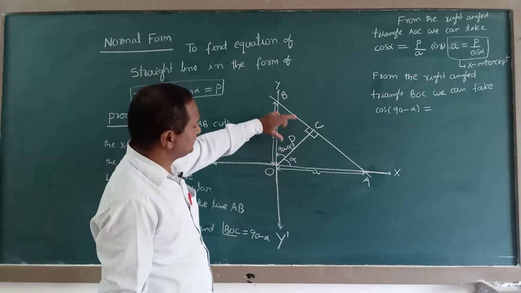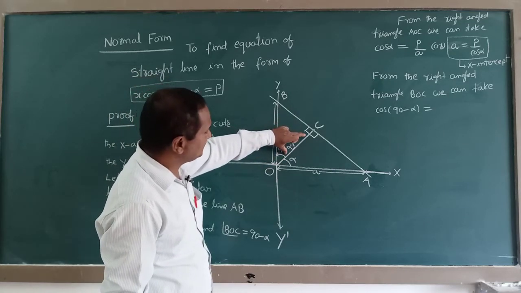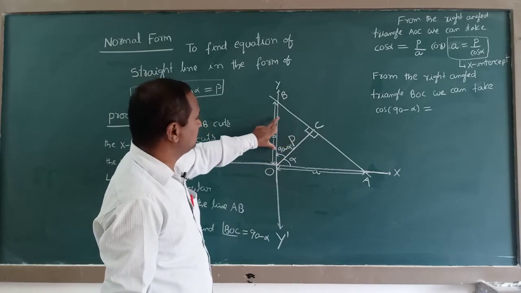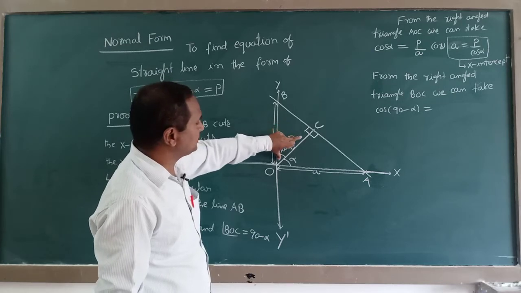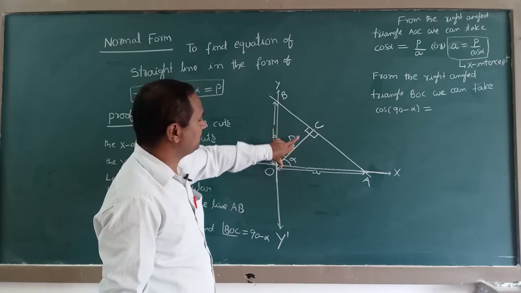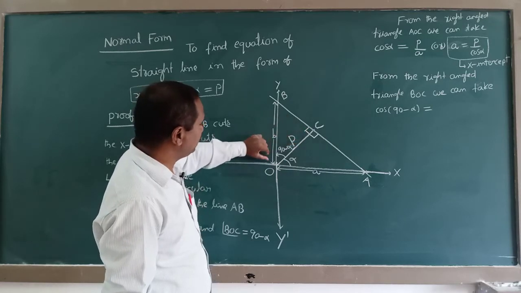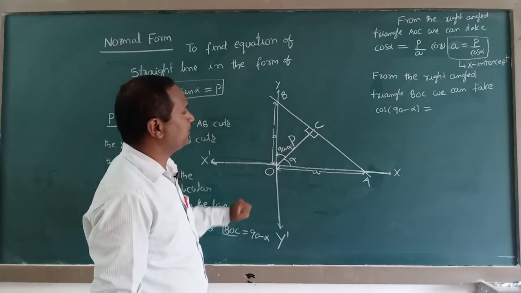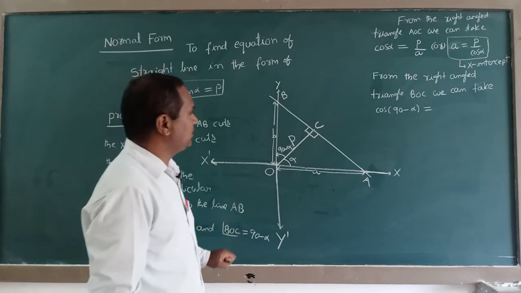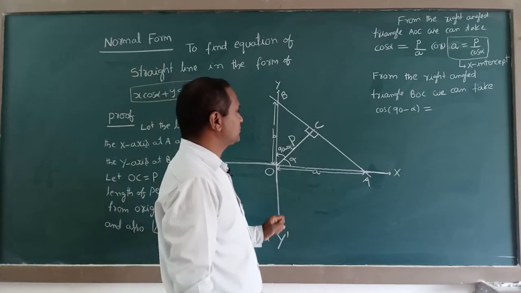Cos of 90 minus alpha is adjacent by hypotenuse. In this triangle, OC becomes adjacent, that is p, BC becomes opposite and the remaining side OB is the hypotenuse.